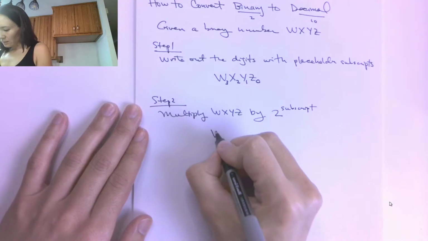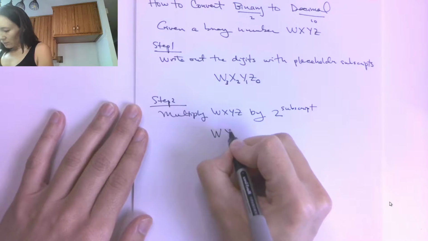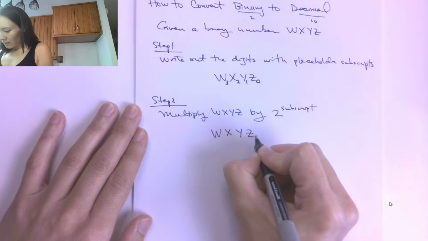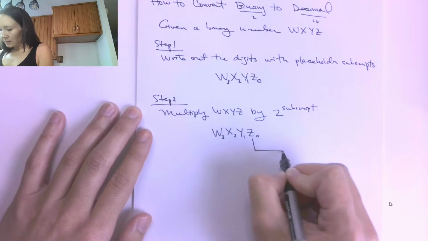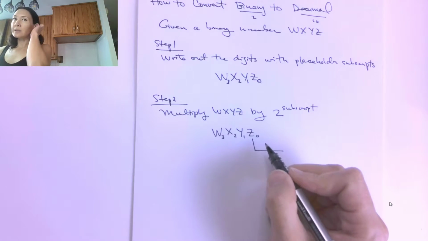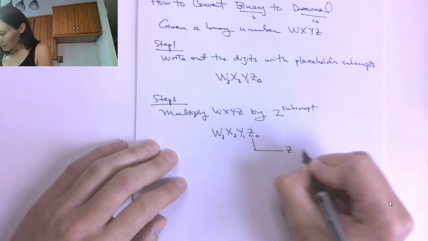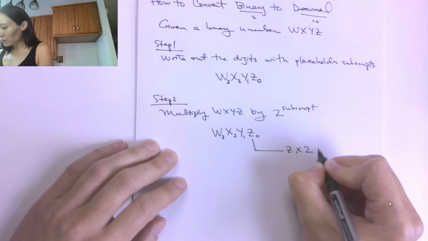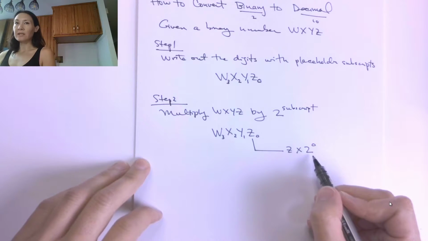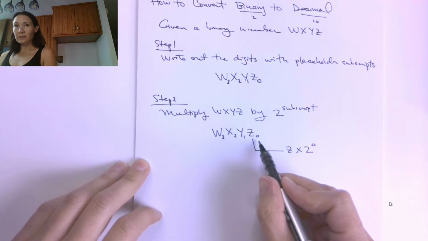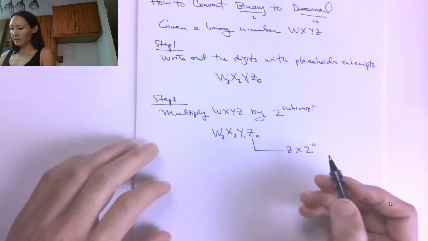It looks like this. Here's our binary number. Here are our subscripts. And I'm going to take this digit. Remember, it's either going to be a 0 or a 1. Z, I'm going to multiply by 2 raised to the 0. And 2 because binary is a base 2 number, and 0 because 0 is the subscript on the Z.